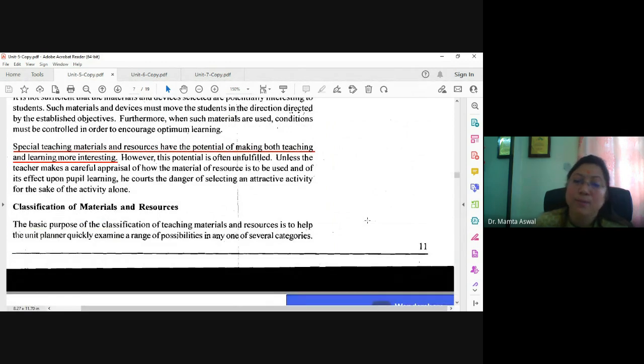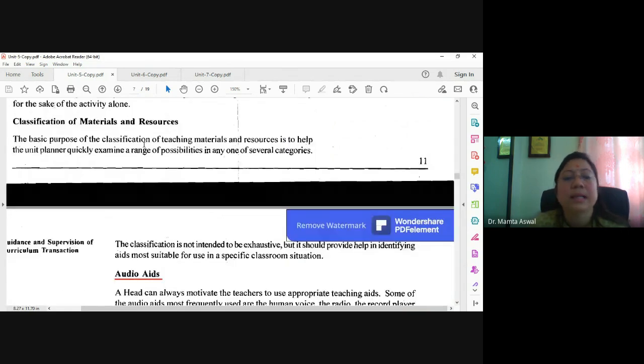The child will be more interested in your teaching learning if they see something new that the teacher has brought. You were teaching chlorophyll, you brought a plant there, so children will be very excited to see the things and they'll be happy, so they will take more interest in your class.